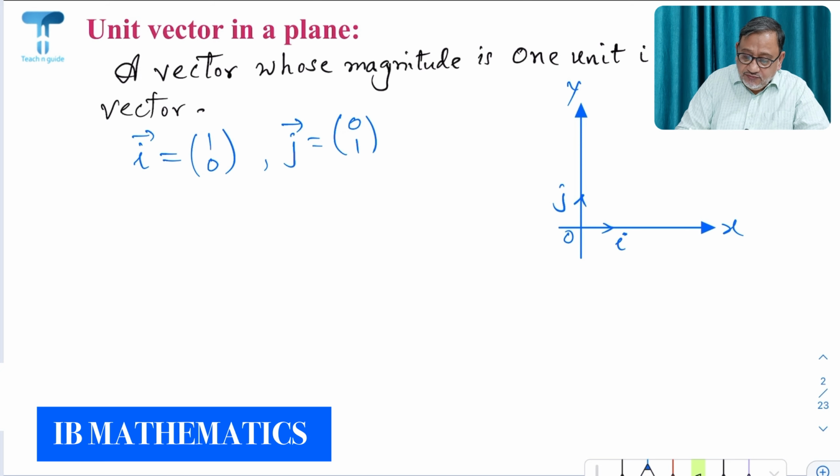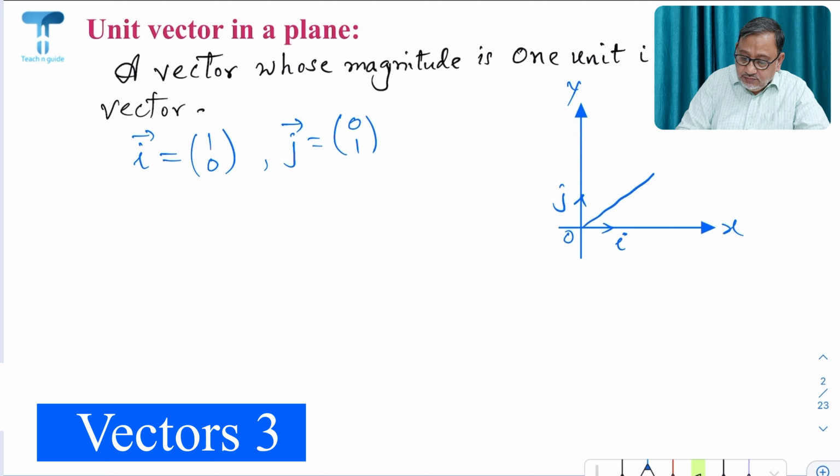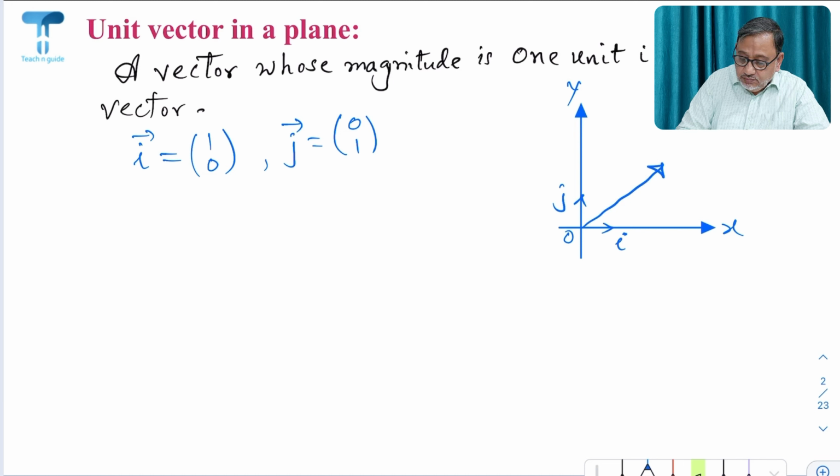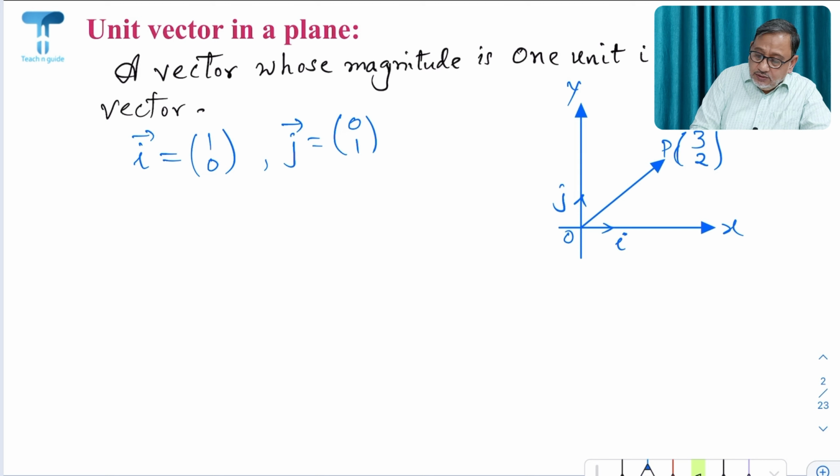So suppose I have a vector here, let me redraw. Yeah, so I have a vector here, suppose (3, 2), O to P. Then when I draw a perpendicular here, this will be 3 units and this will be 2 units.